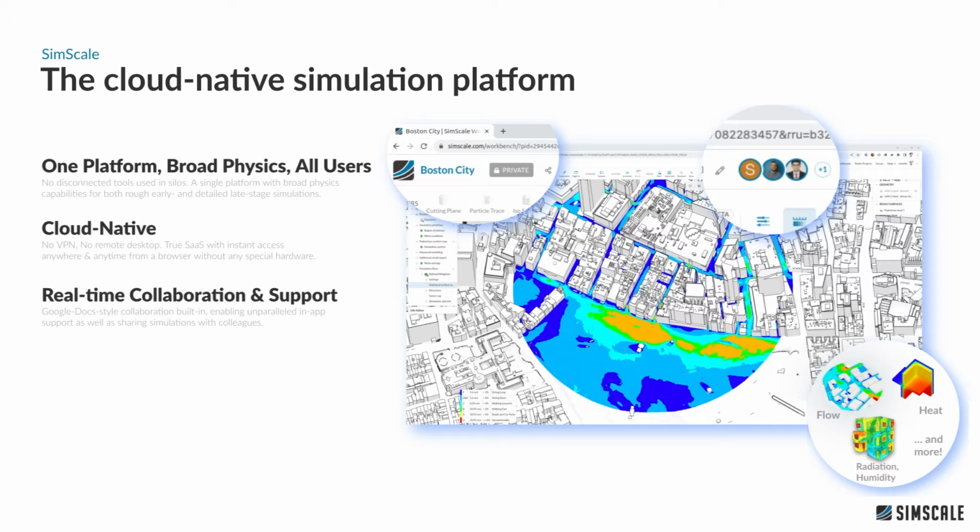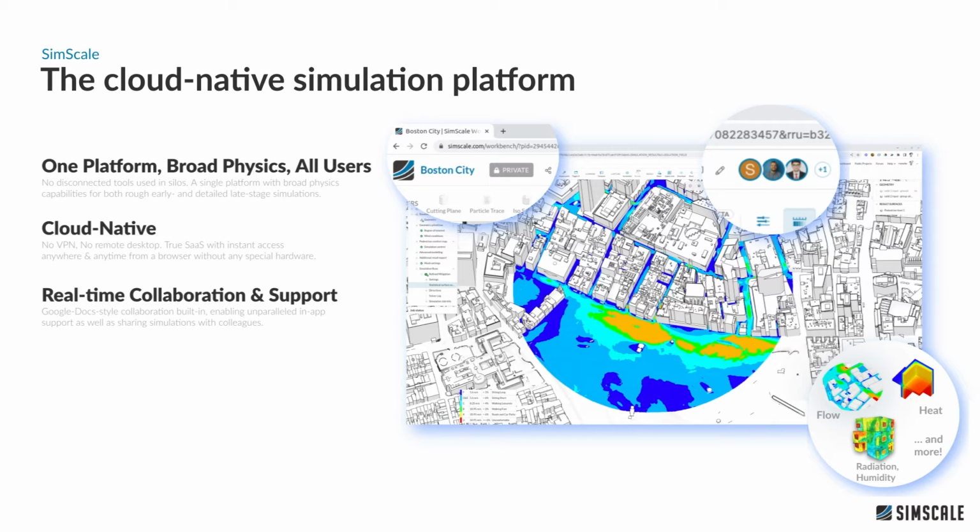Since it's really cloud native, we enable full collaboration within SimScale. Think of it like Google Docs style sharing and collaborating on projects. You can work together with your colleagues on a new design, share ideas, help each other out, and make design decisions together.